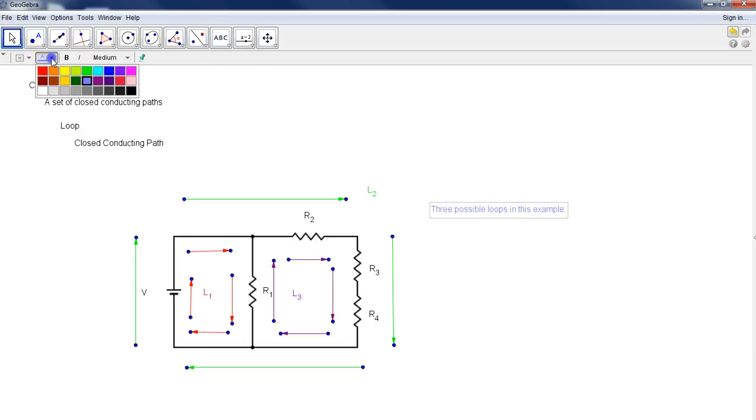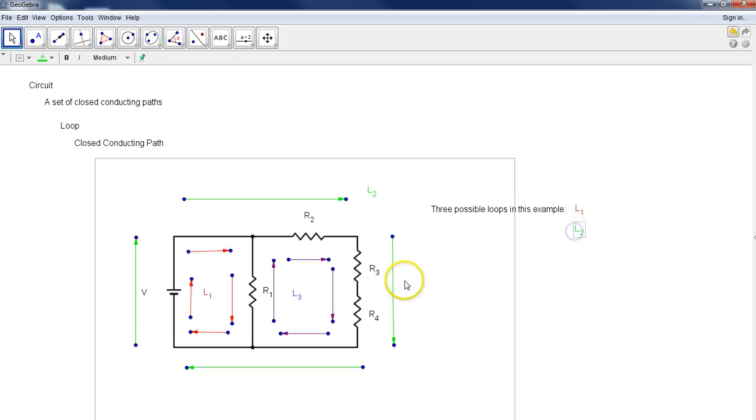We'll change that back to black. There we go. And those 3 are loop 1, loop 2, and loop 3.